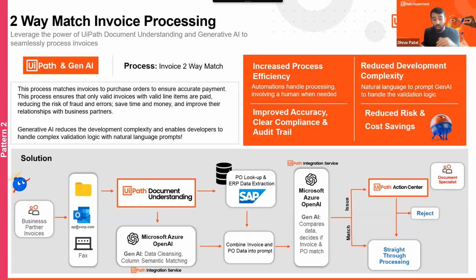We have one call that does that data cleansing with natural language. I just asked generative AI to do the cleansing and matching for me. Then at the same time, the automation, based on the PO extracted from document understanding, goes into SAP and extracts the PO data, combines that all into one prompt, and finally has generative AI do that comparison for me.